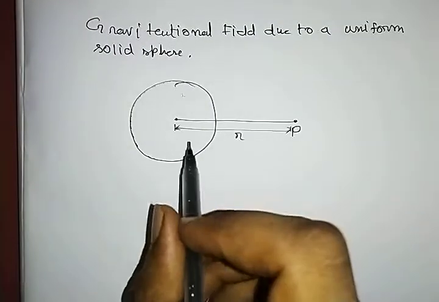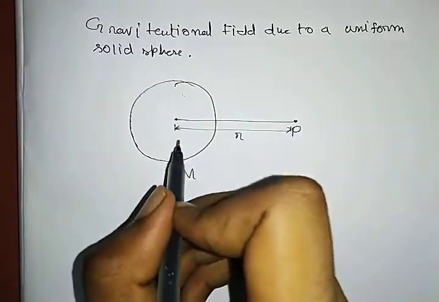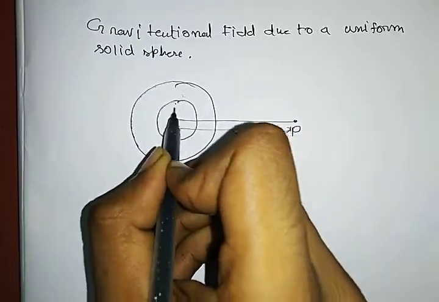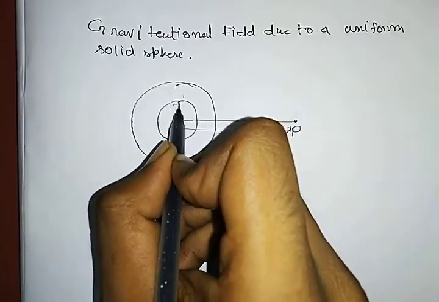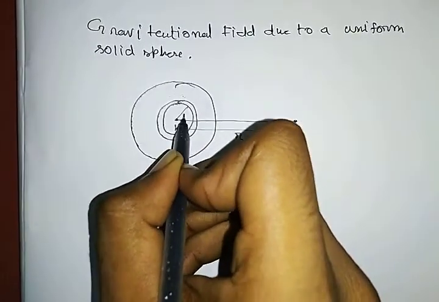So we know the gravitational field due to an elemental volume that will be considered like this, like a thin spherical shell having thickness small dx.